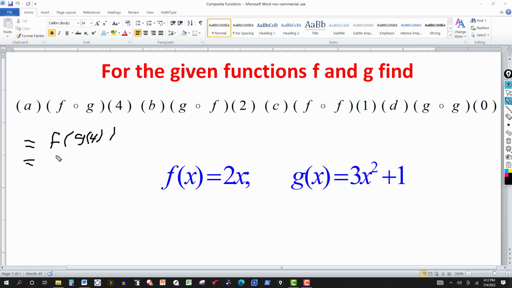Then this is equal to, where the g is, you put a 4. So it's 4 squared here. That's 16 times 3 is 48, plus 1 is 49. So this then becomes f of 49.